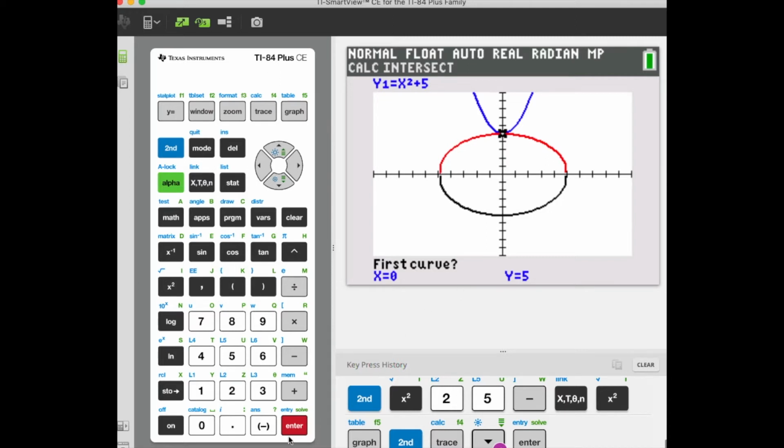So enter. Second curve. Now it's showing, you see up here, this equation, which is this part. And I want to find the point of intersection between those two. So again, enter. Then it's going to say guess, and I say yes, so press enter again. It tells me the point of intersection is x is 0, y is 5.